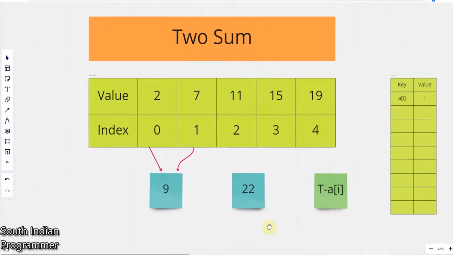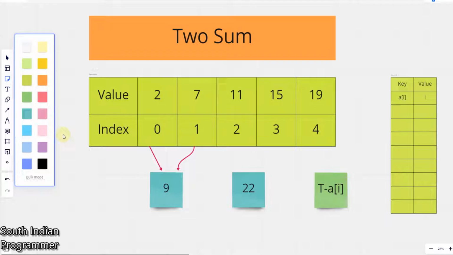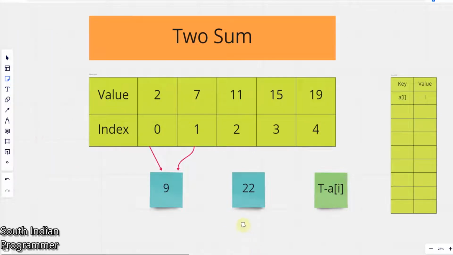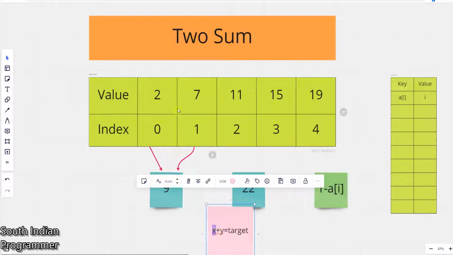So literally my formula will be, for two numbers, x plus y is equal to the target. I'm taking x as the array values and y as the unknown number.